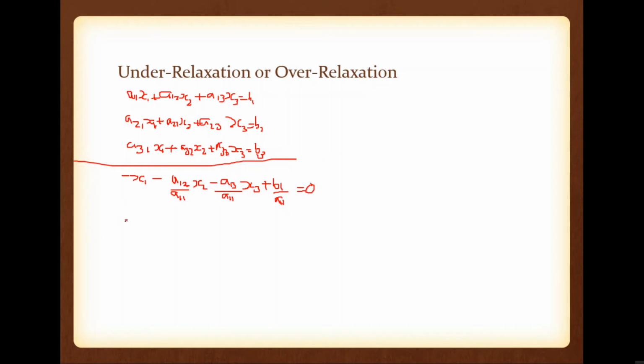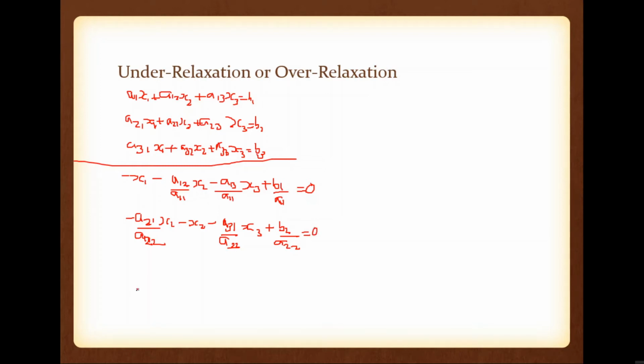Then the second equation is minus a21 divided by a22 into x1 minus x2 minus a23 divided by a22 into x3 plus b2 divided by a22 equal to 0.